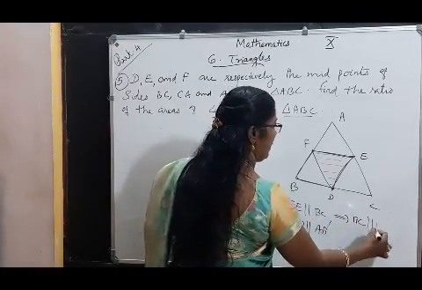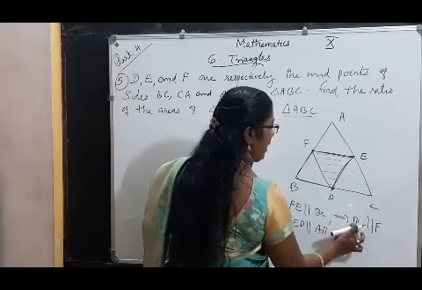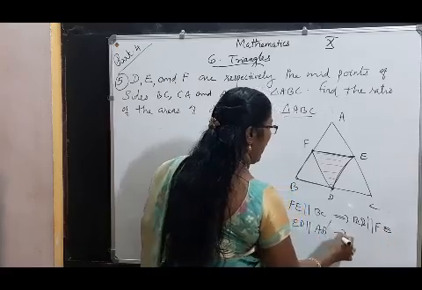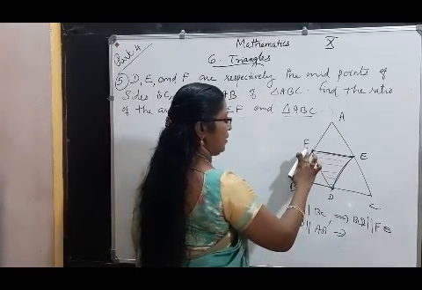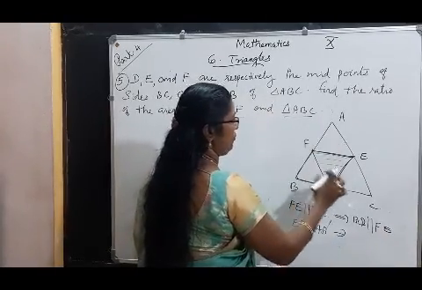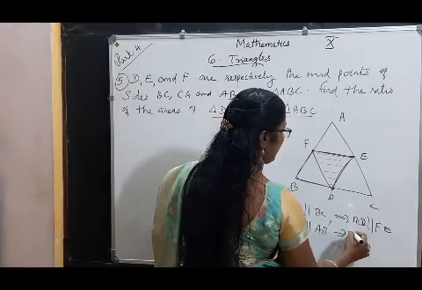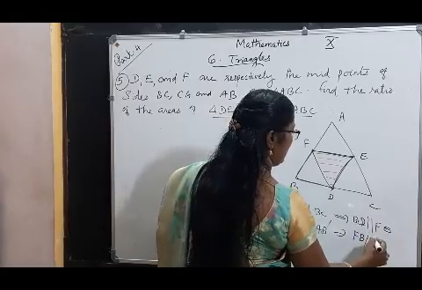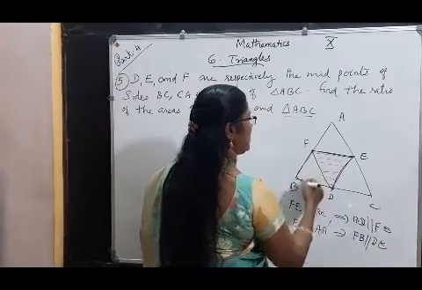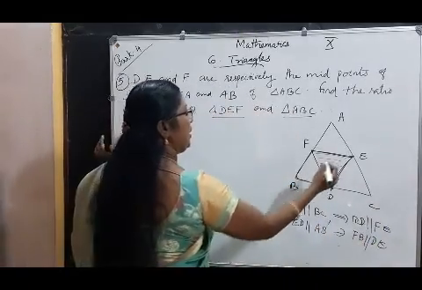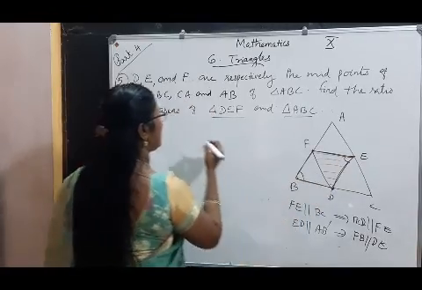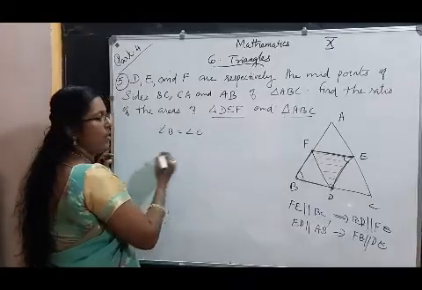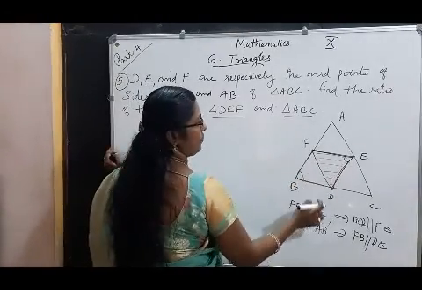So BD parallel FE, and FB is the part of AB. So we can say that FB parallel ED. Consider this as a parallelogram. What about the opposite angles? Angle B equal angle E. Opposite angles of a parallelogram.